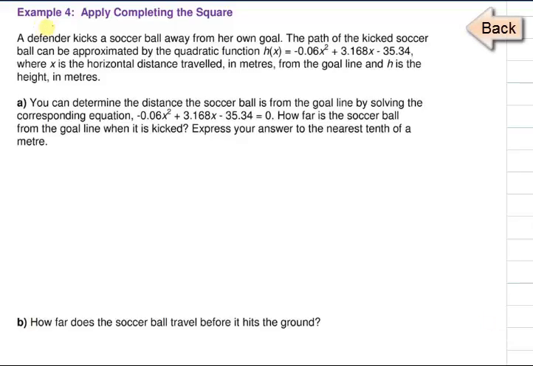In our last example for this section, we are going to do an application problem and use completing the square. A defender kicks a soccer ball away from her goal.